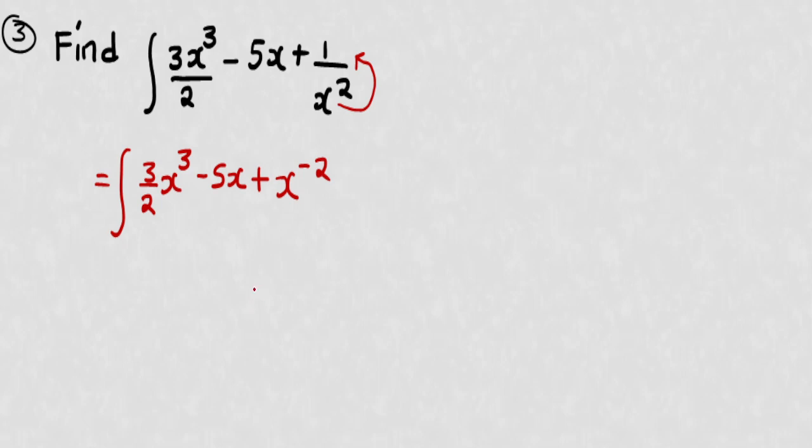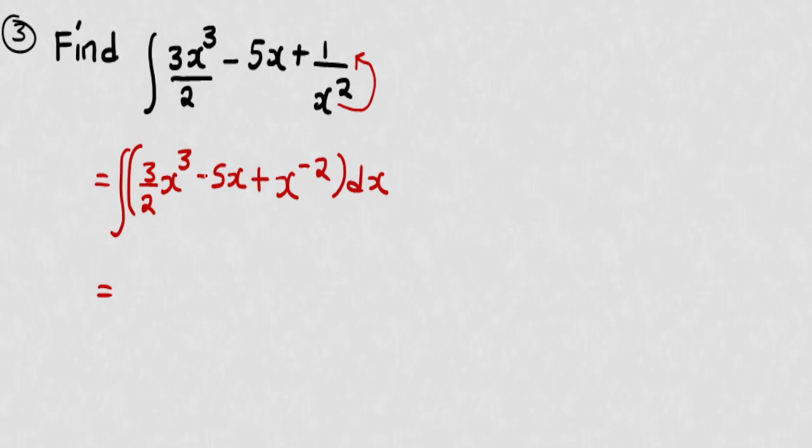So I'm going to say we are integrating with respect to x. Once you start integrating, don't put the integral symbol. You only put it if you've not yet integrated. Now we are starting to integrate, we are not going to put it. So to integrate the first one, the 3 is going to multiply 3 over 2.